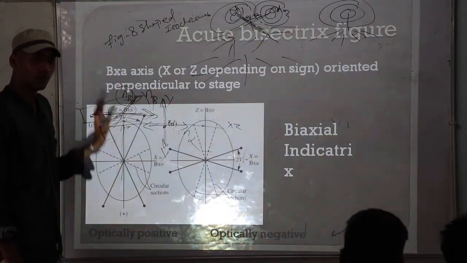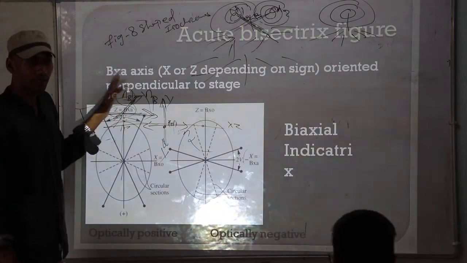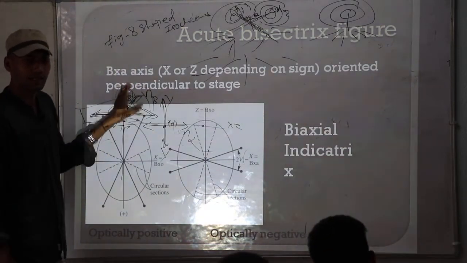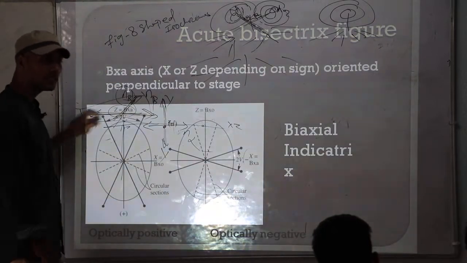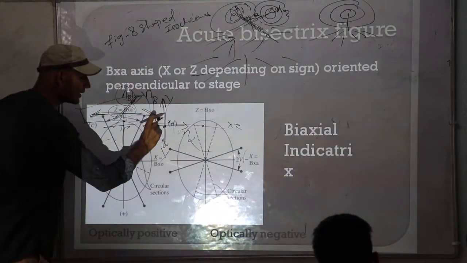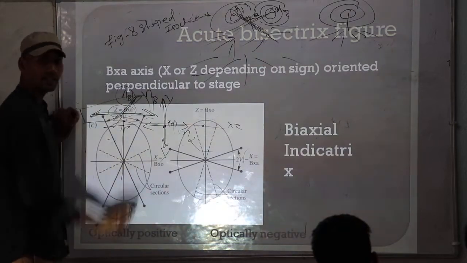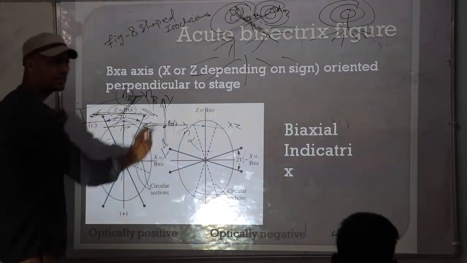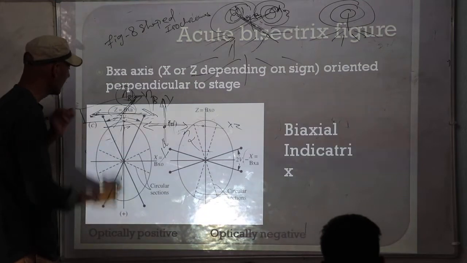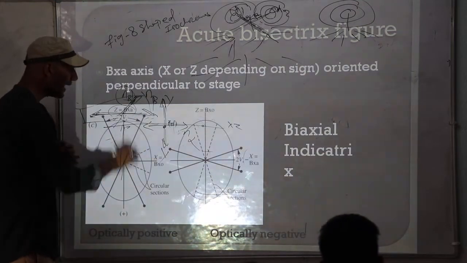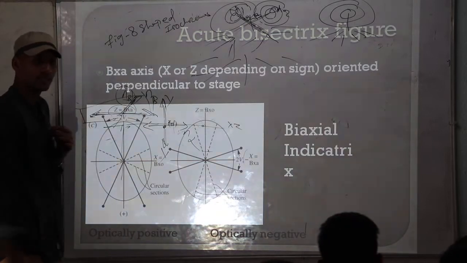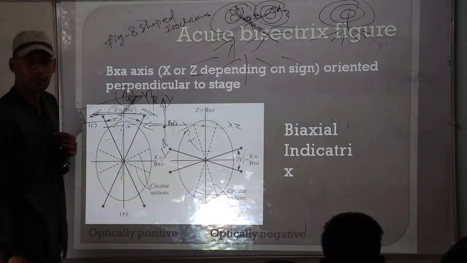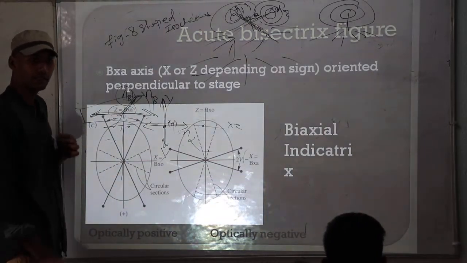Got that? You know which is perpendicular to the optic plane, that is N beta, that is the Y axis. You just have to find out what that other vibration is, X or Z. If this vibration is X, the acute bisectrix is Z. If this is Z, the acute bisectrix is X. Then you know whether the mineral is positive or negative.